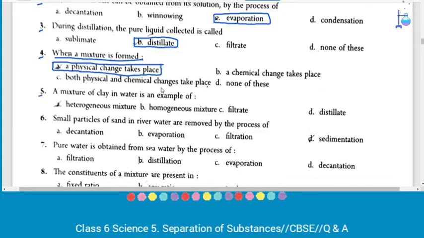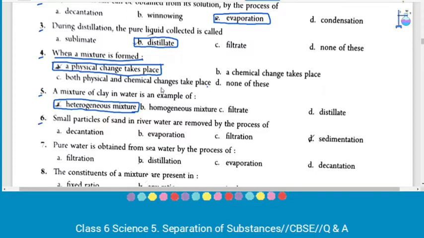Fifth question, a mixture of clay in water is an example of heterogeneous mixture, homogeneous mixture, filtrate, distillate. Answer is heterogeneous mixture. A mixture of clay in water is a heterogeneous mixture.